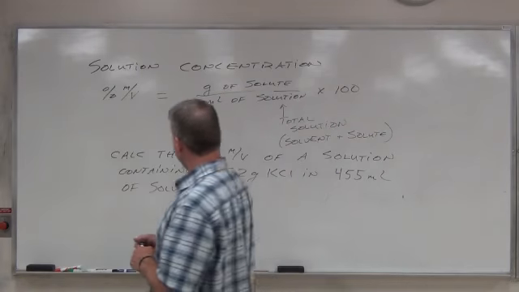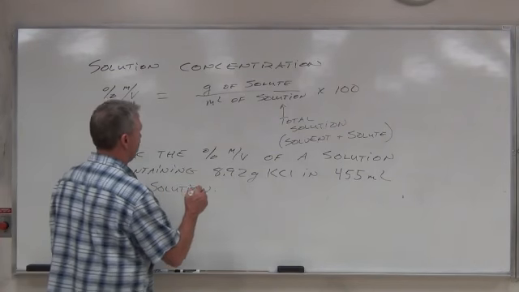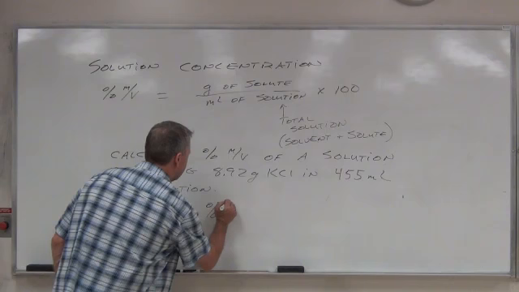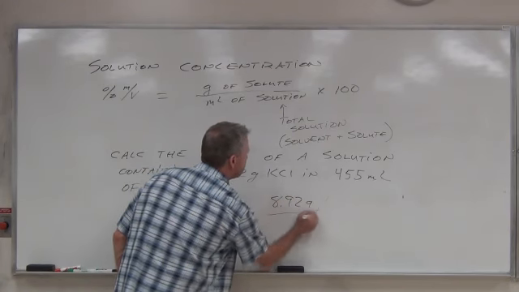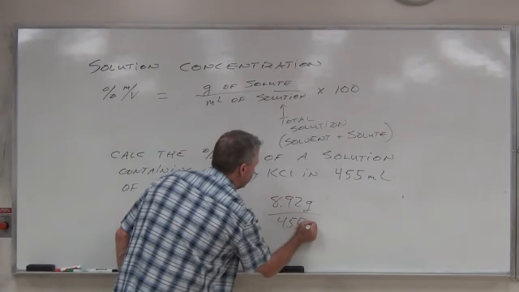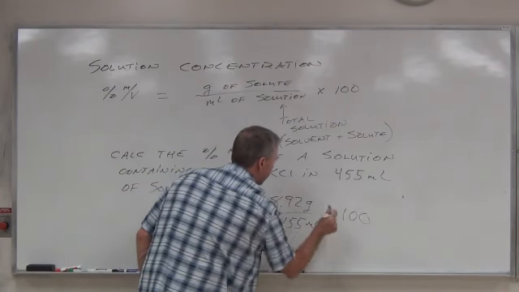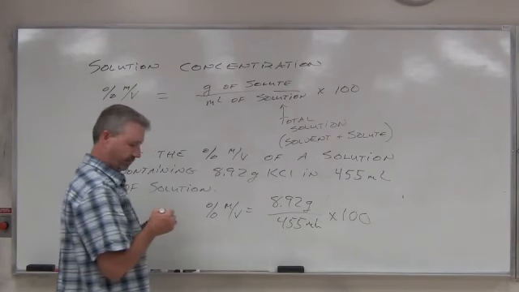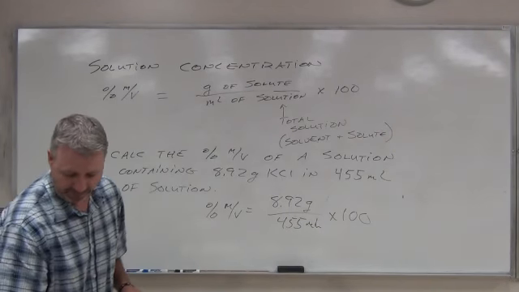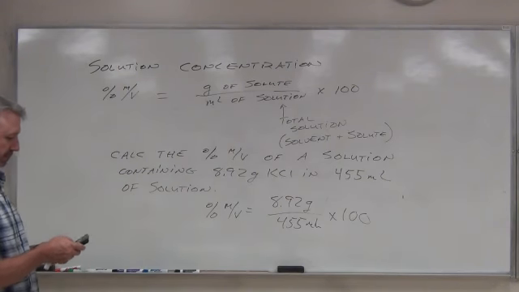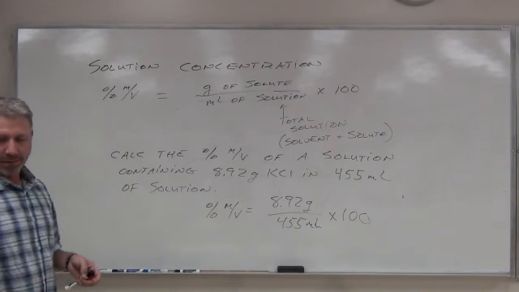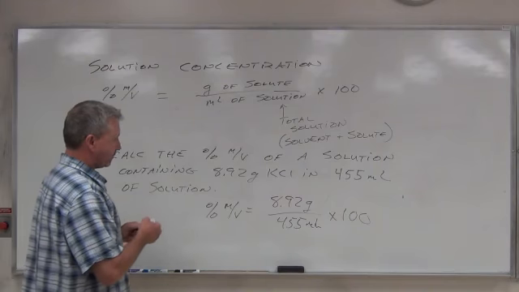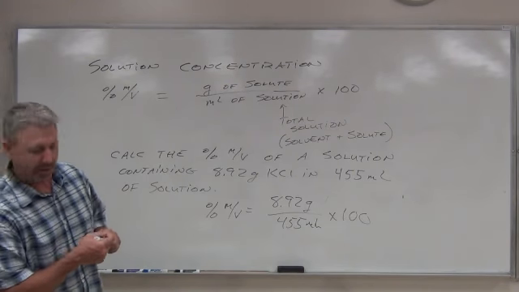This particular problem, the percent mass volume, we have 8.92 grams over 455 mils times 100. We got 1.96.